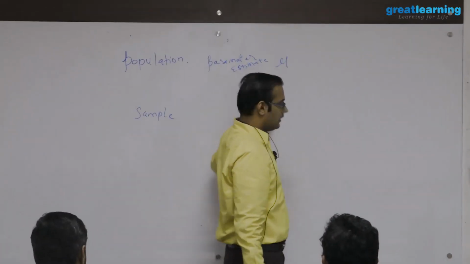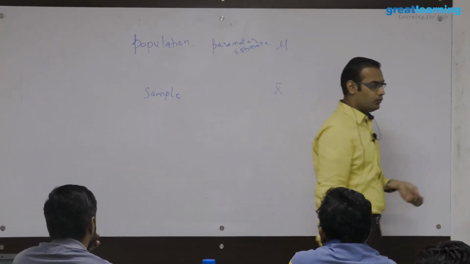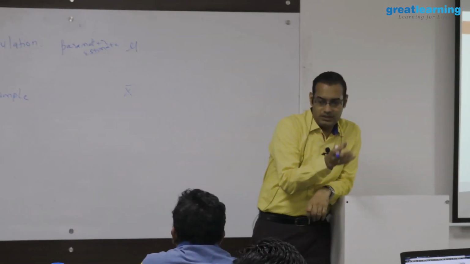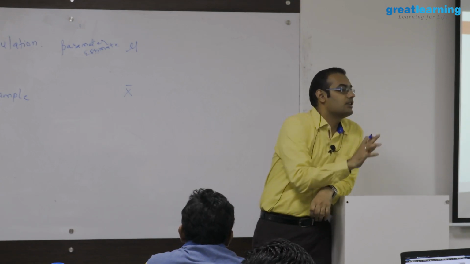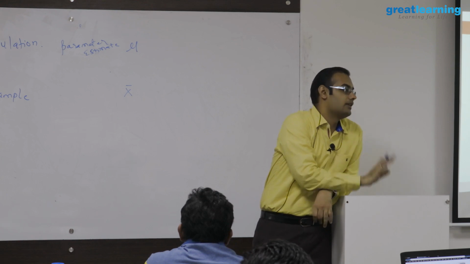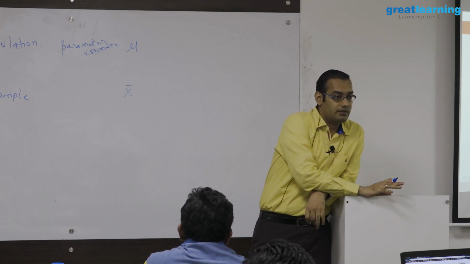This x bar will not be 100% equal to mu. Even if I take one sufficiently large sample, x bar will not equal mu, because there will always be a sampling error.